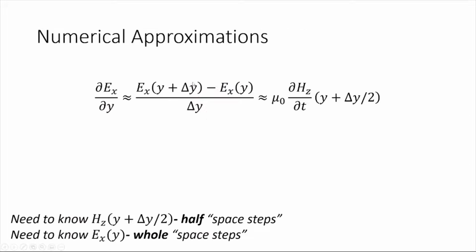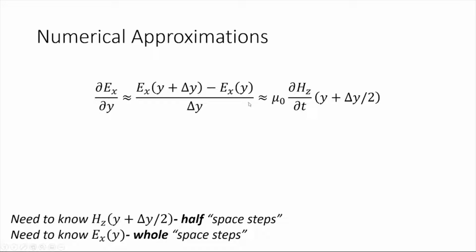So we take our numerical approximation of dEx/dy, and we say we're going to use the derivative centered at the half step, at y plus delta y over 2, as you can see over here. So our derivative is Ex at y plus delta y minus Ex at y, divided by delta y.